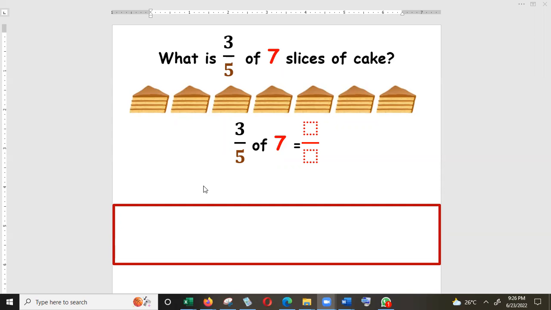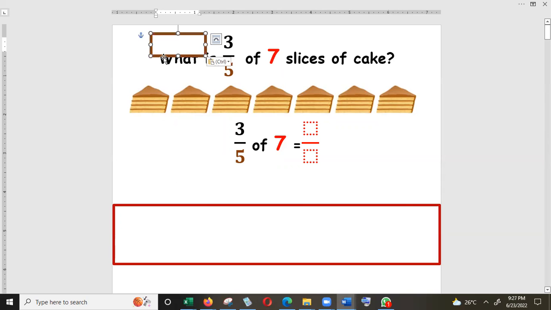So one way of doing that is to first establish the 5 equal portions. We can use rectangles for that.